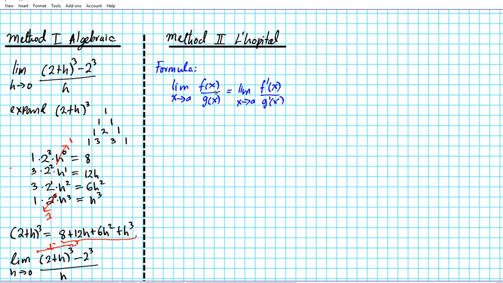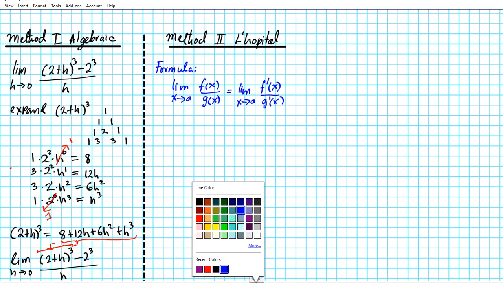Okay, so we are not applying the quotient rule here. That's totally different. In this particular scenario, we're differentiating the top and the bottom independently and then reevaluating the limit of their derivatives. Okay, so let's apply that idea to this problem.